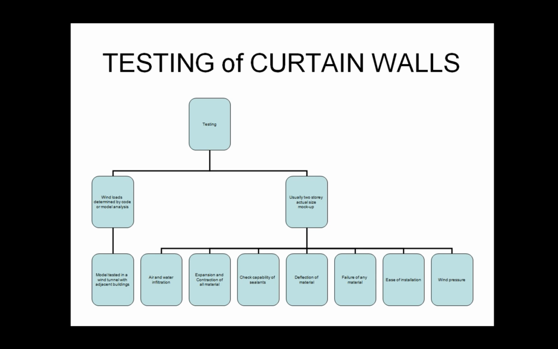See if there's any deflection, failures of the material. While doing this mock-up, you actually find out how constructible it is. So you can see how difficult it is to erect in a factory versus how it will be in the field. Right? Always easier in the factory.